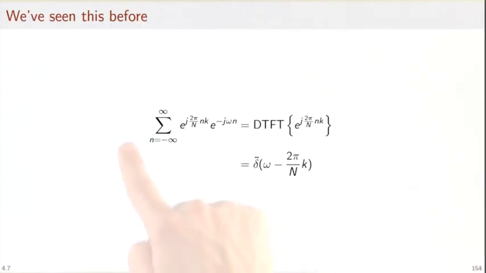Then we recall that this infinite sum of e to the j 2 pi over N times nk, times e to the minus j omega n, is simply the DTFT of a complex exponential of frequency 2 pi over N times k. And this, we know, is going to be our delta tilde signal shifted to the location 2 pi over N times k.